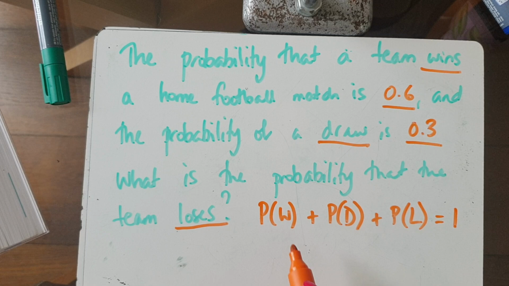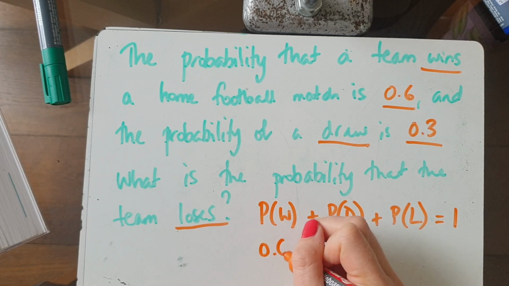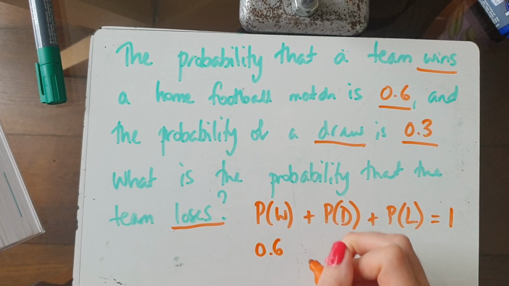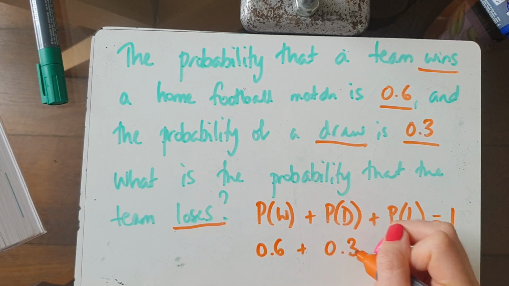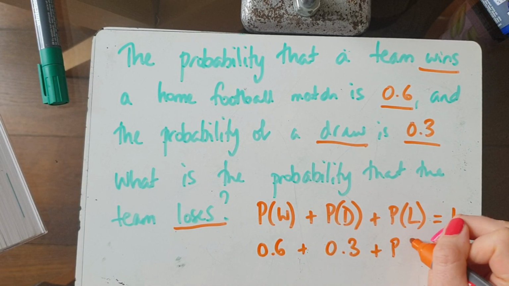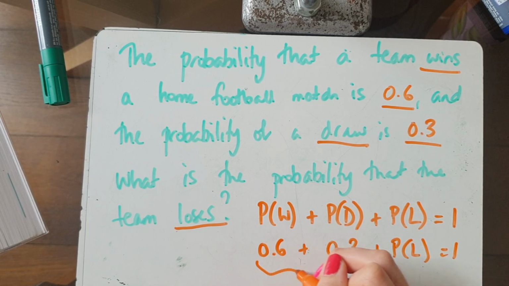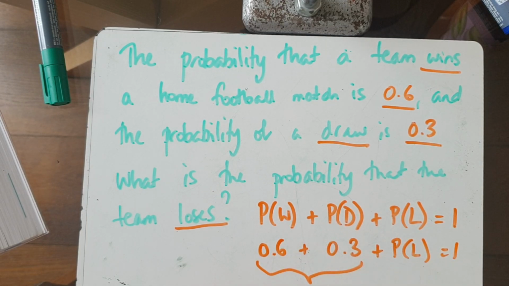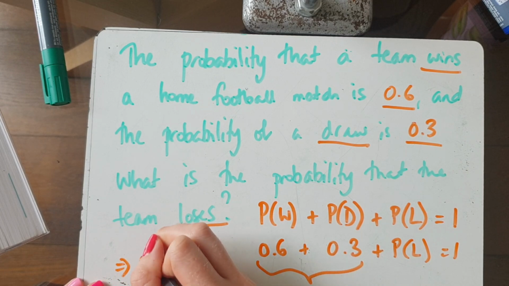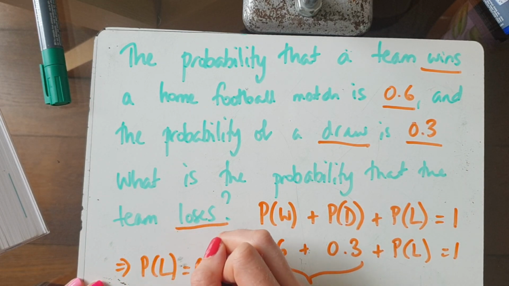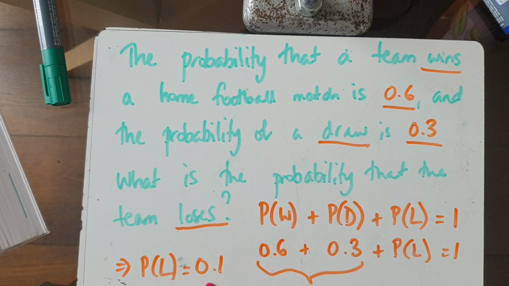We know the probability of winning is 0.6 and we know that the probability of drawing is 0.3, and that plus the probability of losing must be 1. These add up to 0.9, so the probability of losing must be 0.1 because we need to add that to 0.9 to make 1 overall.